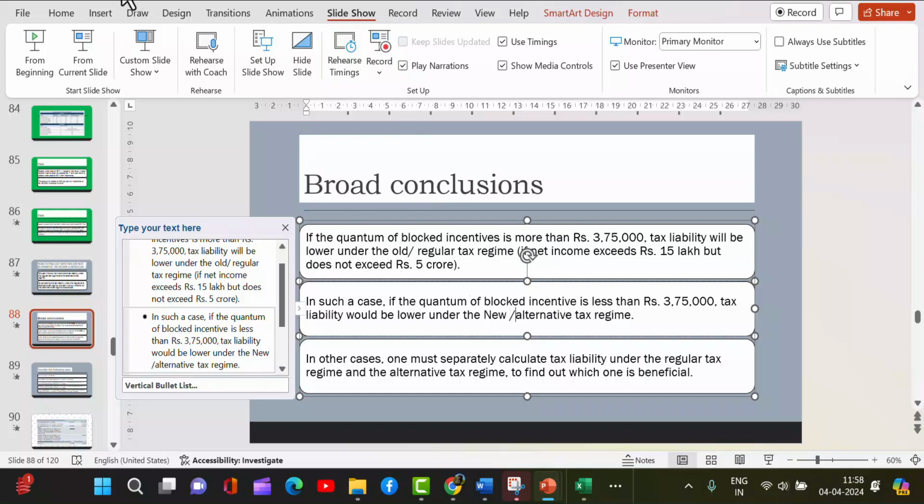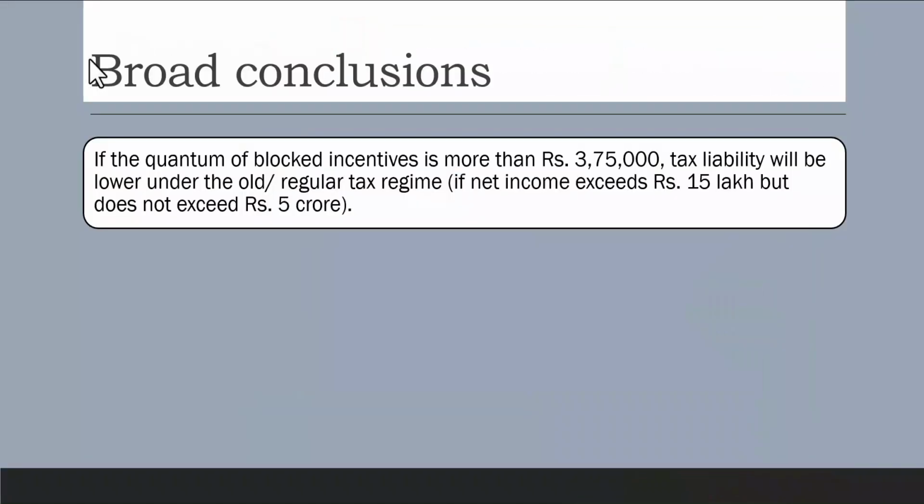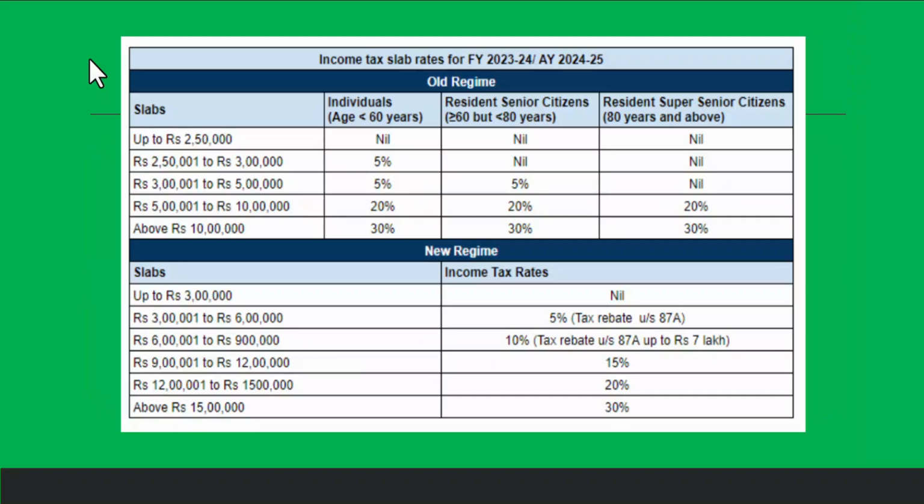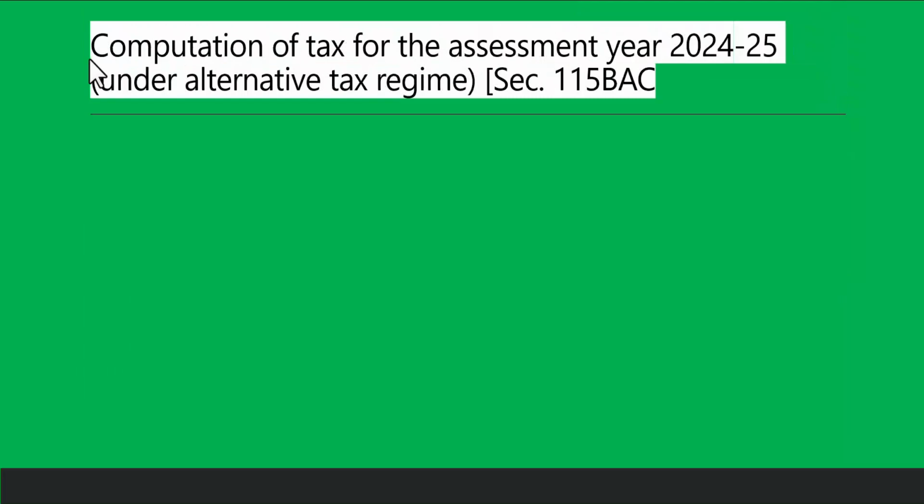So I'm making a change here. Now, for the old regime, if the deductions are more than 3,75,000, then that becomes better. Okay, fine. Let's understand this a little bit.